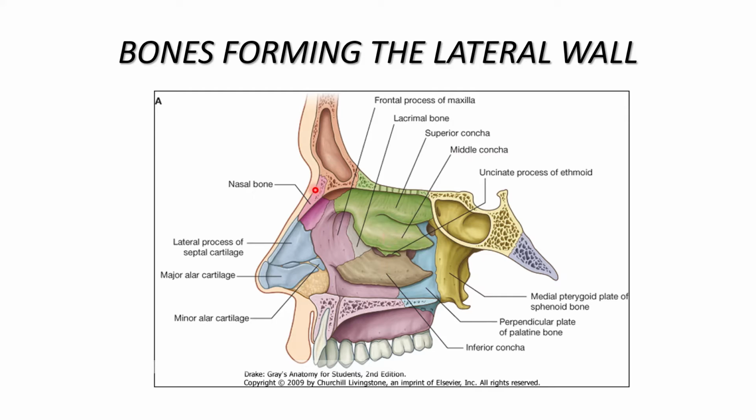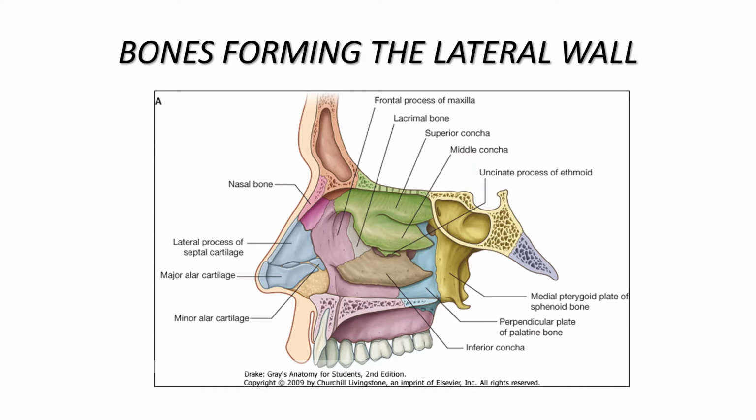The lateral wall from before backwards is contributed by the nasal bone in front. Then comes the frontal process of maxilla behind the nasal bone. Then there is a small piece of the lacrimal bone, behind which lies the part of the ethmoidal bone, that is the superior and the middle conchae of the ethmoidal bone.